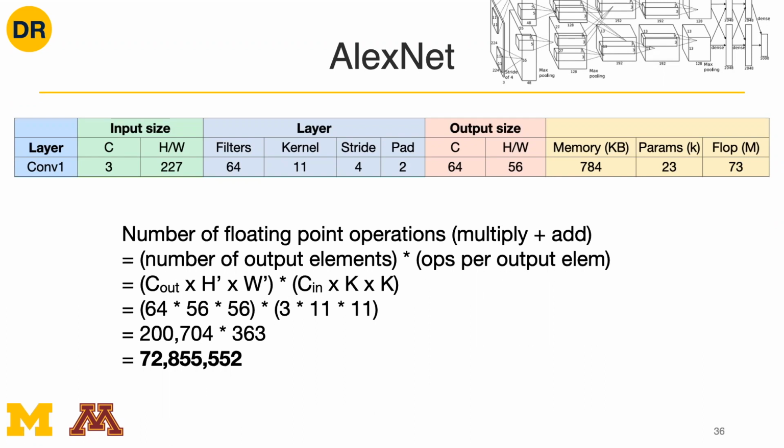For computing the flops, you are again using the output elements and looking at what operations are being performed to compute each element in the output. And here we are specifically using multiply and add together because from the hardware point of view, both of those operations can be done in the same time.